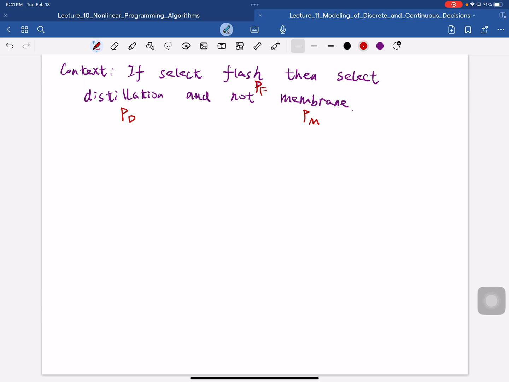The logic proposition is PF implies PD and not PM. In other words, when flash is selected, that implies we have to select distillation and not select membrane. That's the logic you want to express.